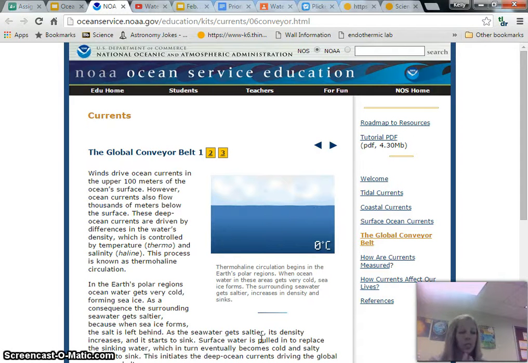This is just a chunk of ice forming in the ocean, not connected to any land form. The surrounding seawater, because that is freezing, becomes saltier and saltier and saltier because the salt is being pushed out. I just wanted you to see that.